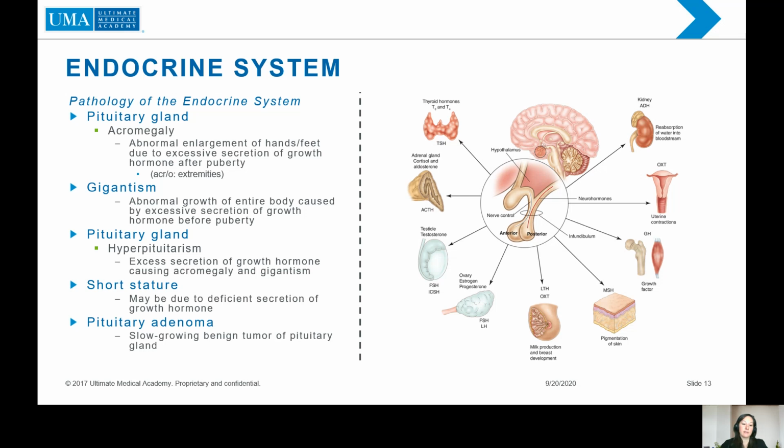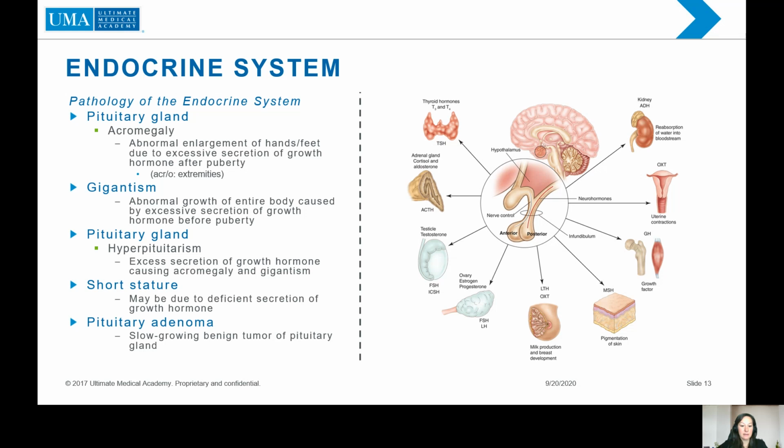And then you have hyperpituitarism. This is excess secretion of the growth hormone causing acromegaly and gigantism. So this is both. The hyperpituitarism is causing lots of excess growth hormone. So it's causing gigantism and acromegaly.